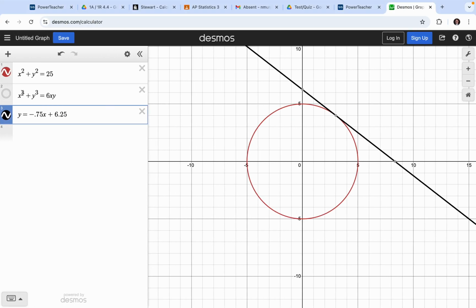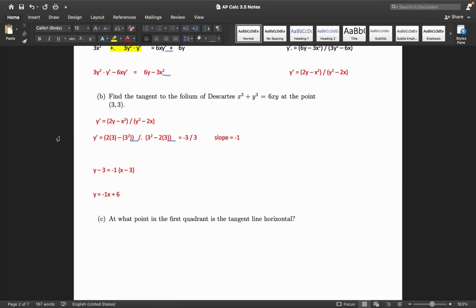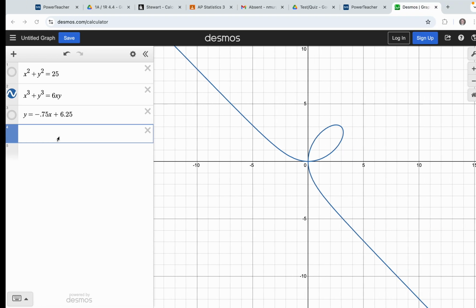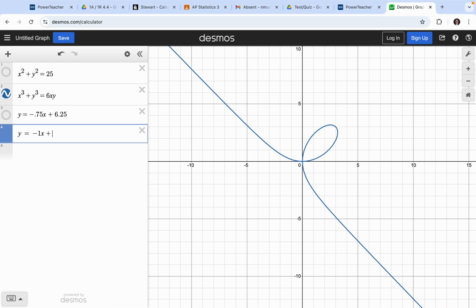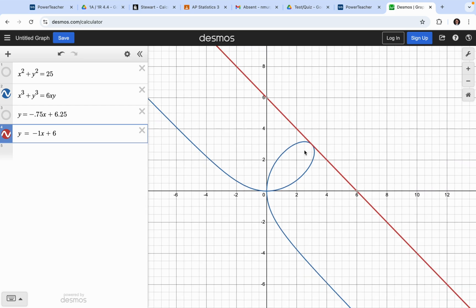So if I were to graph this, there's the folium of Descartes, and what was it? Y equals negative 1x plus 6. Check it out. There's our point (3, 3). There's the tangent to the curve.